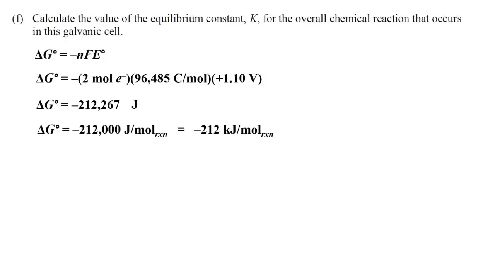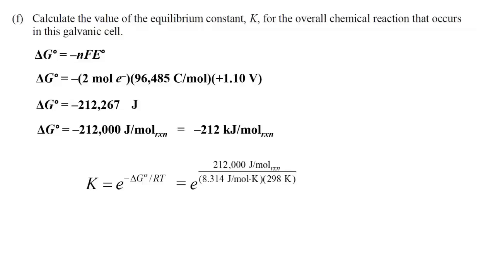From the earlier calculation for delta G, we have a value of negative 212 kilojoules per mole of reaction. I'm going to use the equation that reverses the process, where on the equation sheet it said delta G is equal to negative RT natural log of K. I'm reversing that process so I can solve for K. So K, the equilibrium constant, is equal to the base of the natural log, e, raised to the ratio negative delta G over RT.